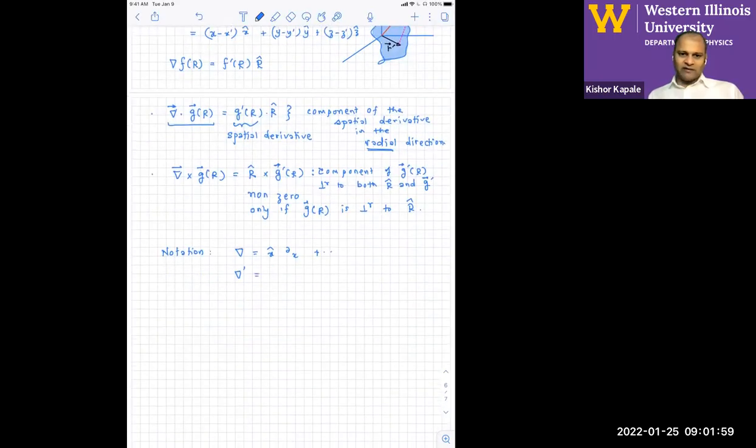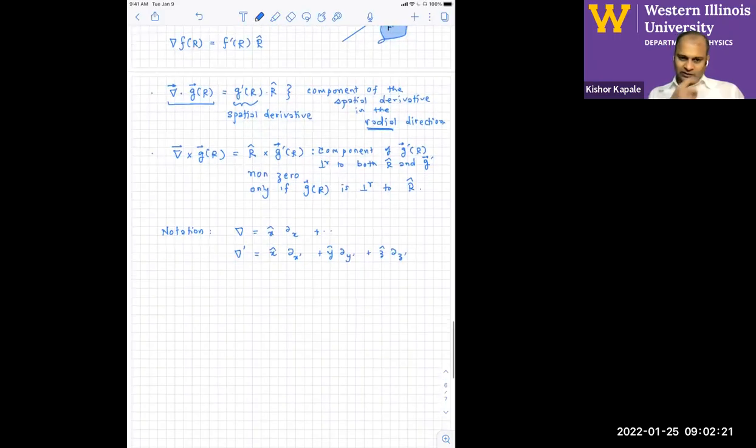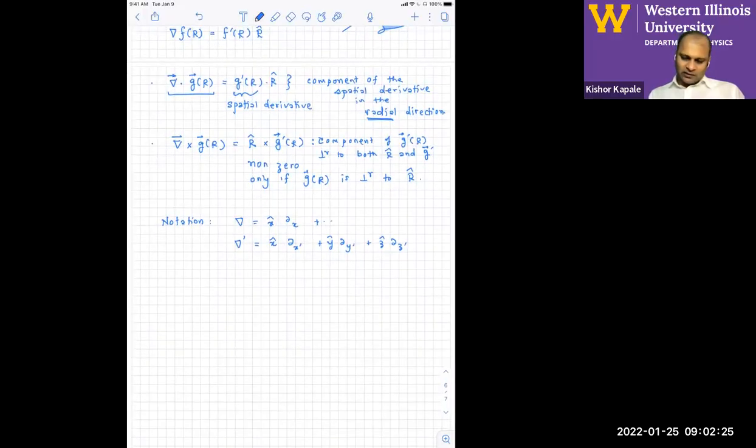Sometimes it is useful to evaluate the del prime derivative, or the gradient prime, which is, the coordinate system doesn't change, so it's going to be x hat, but its derivative with respect to x prime, y hat derivative with respect to y prime, z hat derivative with respect to z prime. Okay, so just notation, remember that we will need that quite a bit.